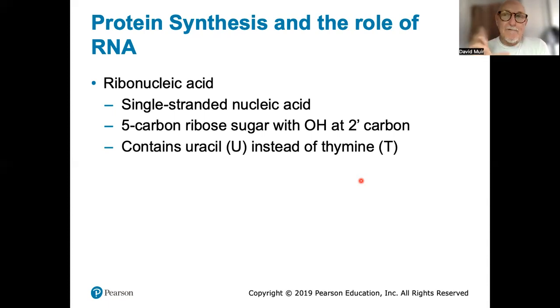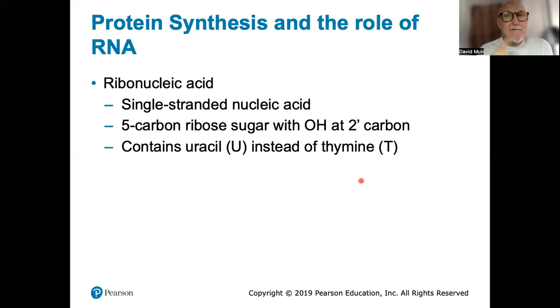So somehow we have to take this molecule, which is the nucleic acid, DNA, a sequence of nucleotides. Nucleotides are the monomers of DNA and of the nucleic acids in general. We have to take that code and change it into a sequence of amino acids. Amino acids in sequence form a polypeptide, which goes on to form a protein.